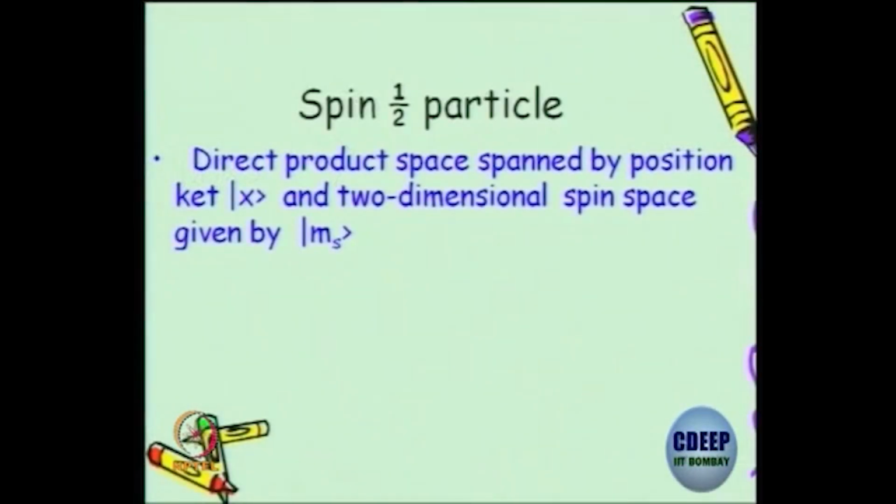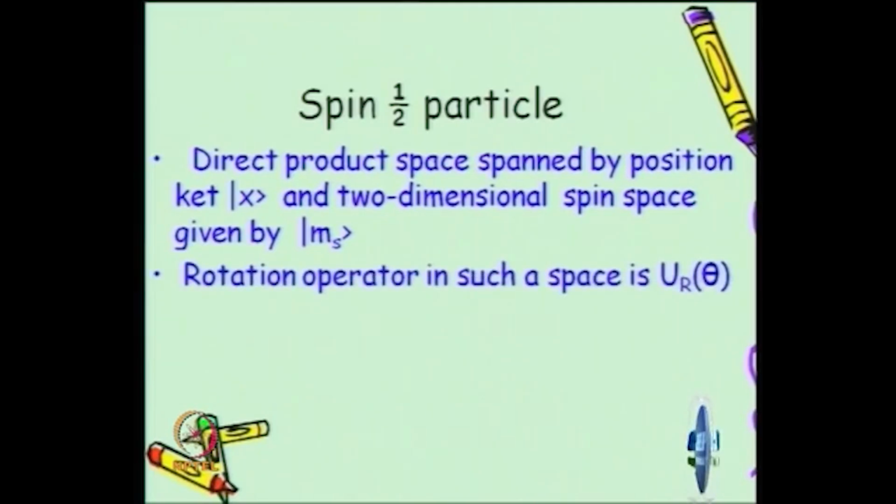So the direct product space is spanned by position ket or LML and the two-dimensional spin space given by MS. What happens to the rotation operator? Rotation operator formally for any spin j, how did we write?